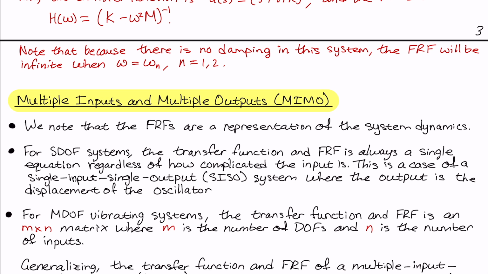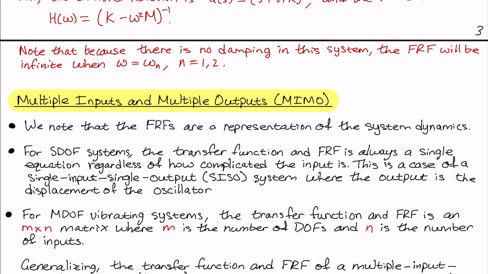All right, we're going to take a look now at multiple inputs, multiple outputs, or MIMO systems, which is kind of just the general case of what could happen. So we're going to note that the FRFs are a representation of the system dynamics itself. They capture the dynamics of the system. So if you know the FRF of the system, you have effectively found the dynamics for that system. For single degree of freedom systems, the transfer function and the FRF are always a single equation.